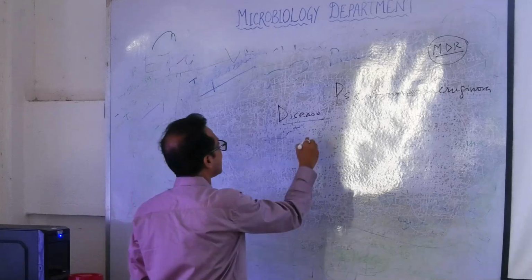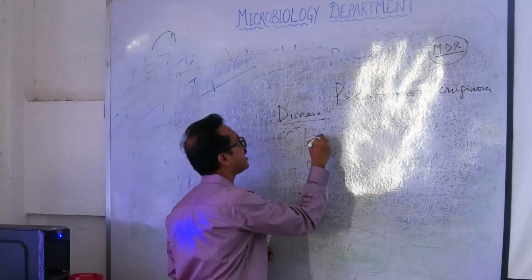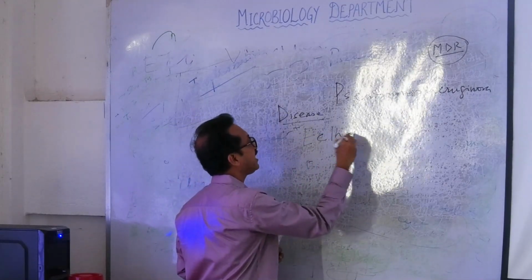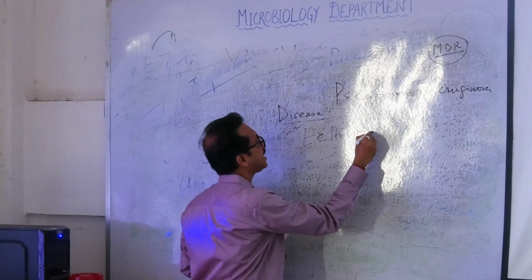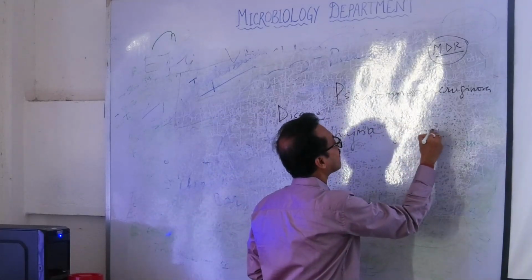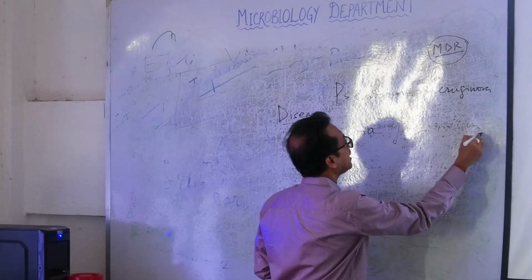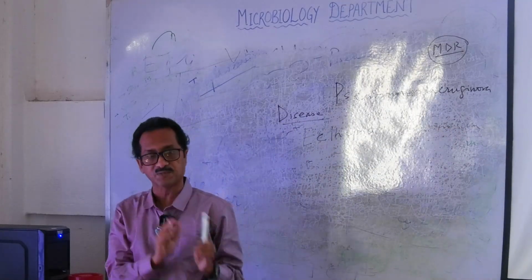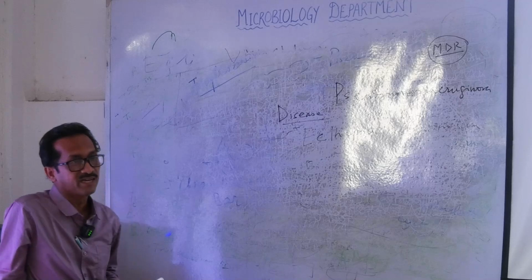Another typical infection of Pseudomonas is ecthyma gangrenosum. This infection is typical of Pseudomonas.